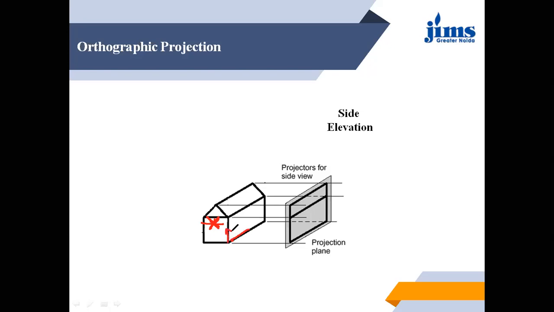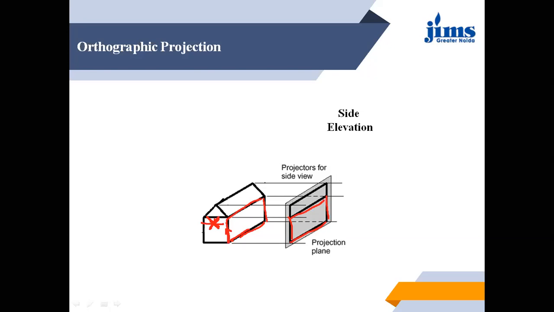So from here we can see this edge is equal to this edge, the other edge is equal to this edge. When the rays are coming parallel, this edge is equal to this edge, and this edge is equal to this edge. Now you can ask how this part came from.